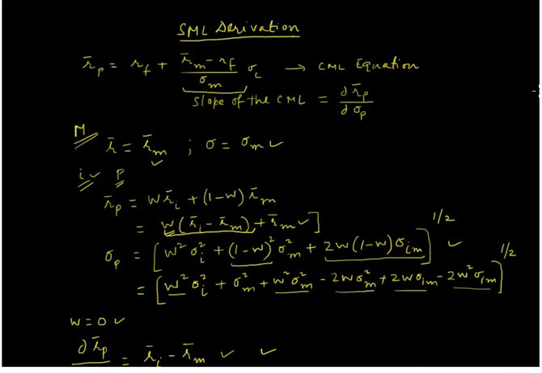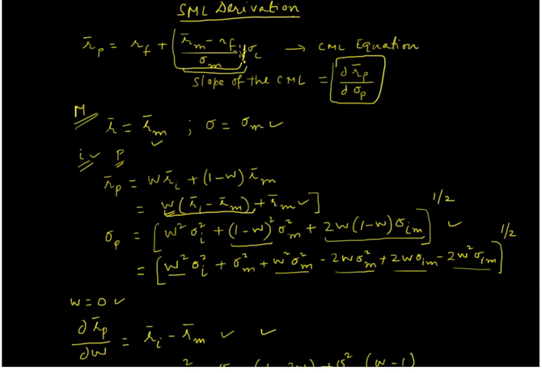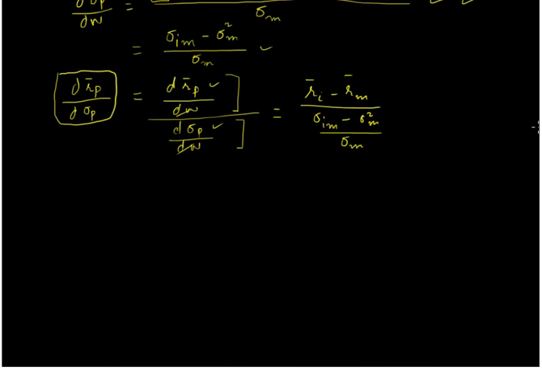Let us see that. This item here is the slope of the CML, which we have defined as equal to this, which means that this item here that we have written must be equal to the slope of the CML.